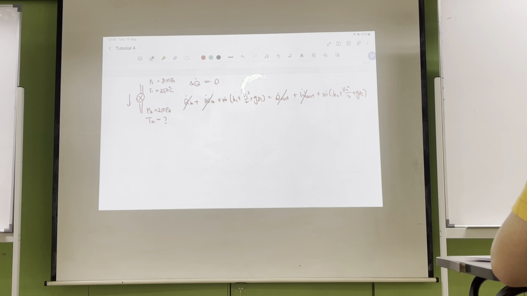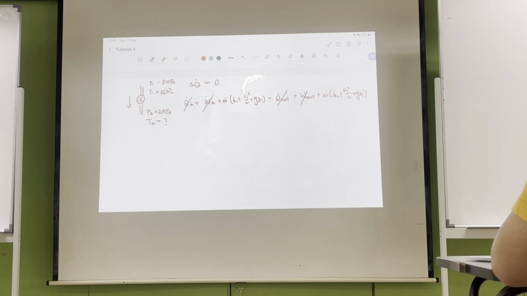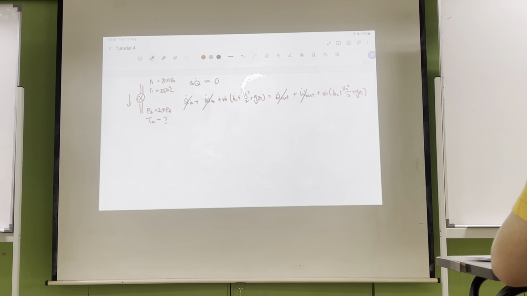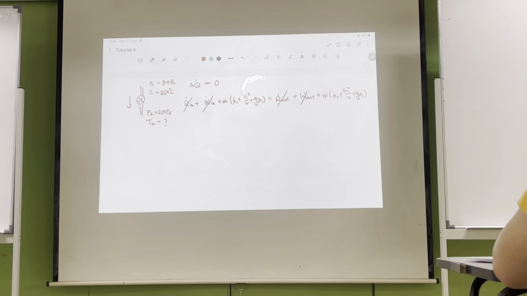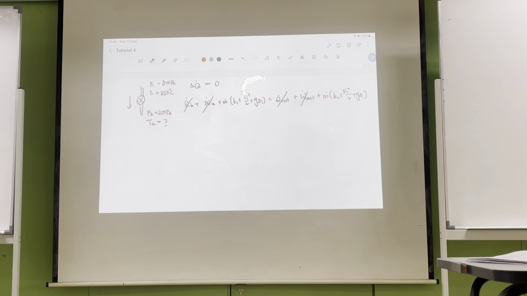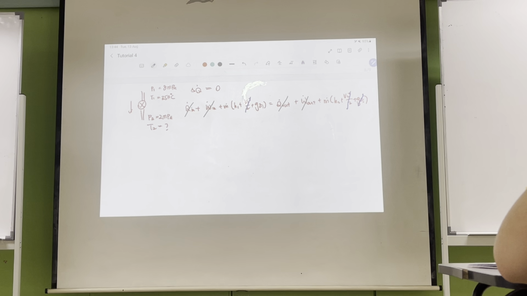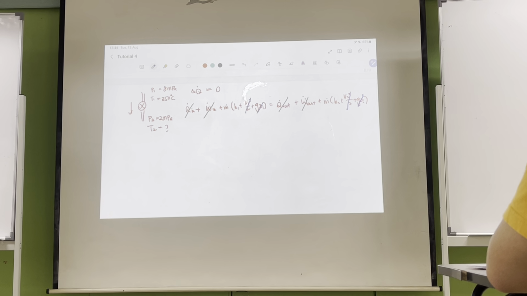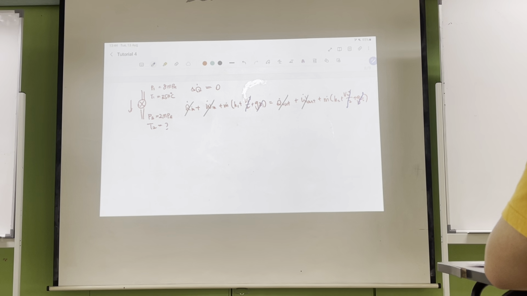Velocity may change or may not change because of the change in specific volume or density. But in most cases, even if it changes, it is not very significant. So if the question doesn't tell you there's a change in velocity, you can just cancel it off as well. gZ also cancels off. Ultimately, the mass flow rate we can cancel off, and we are left with this.